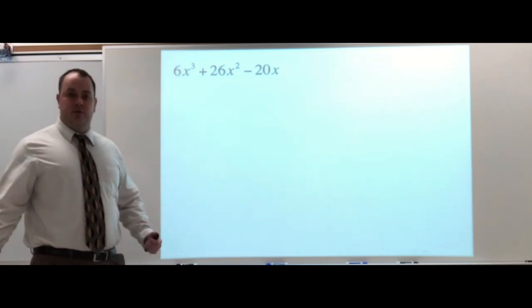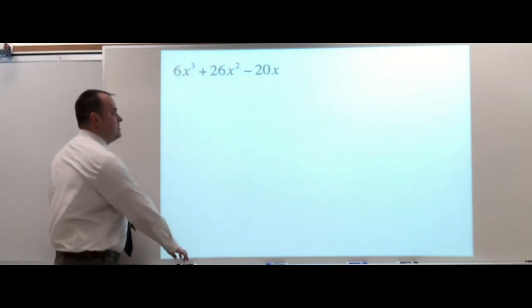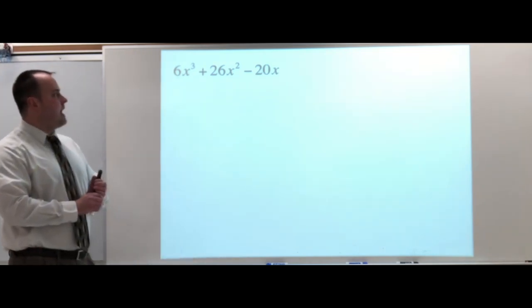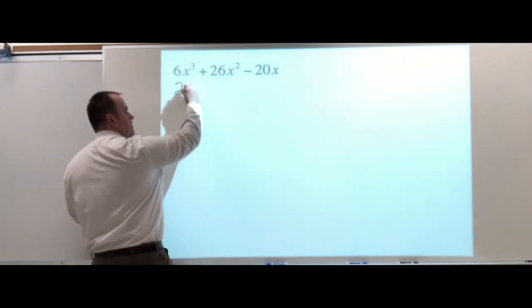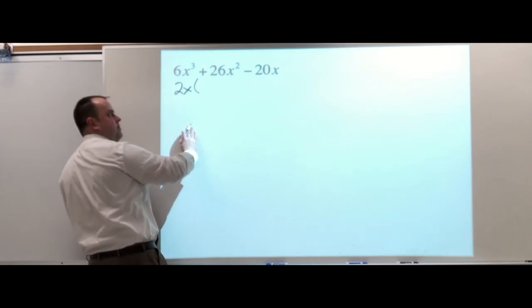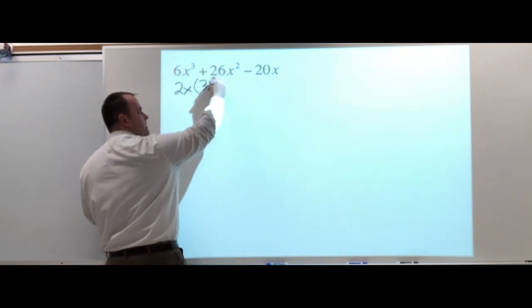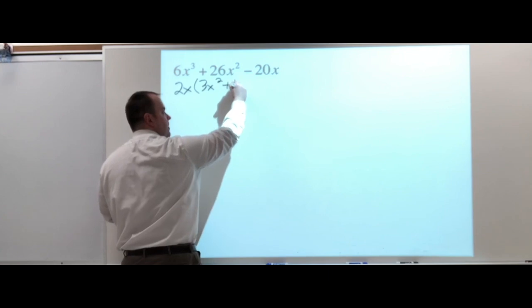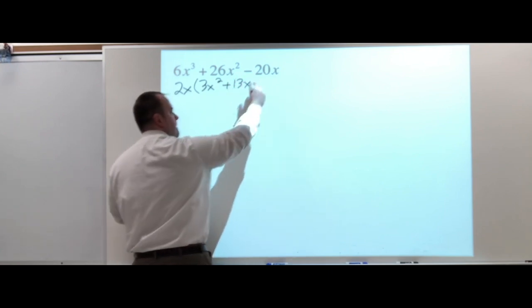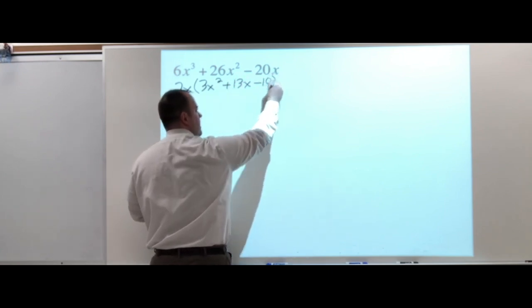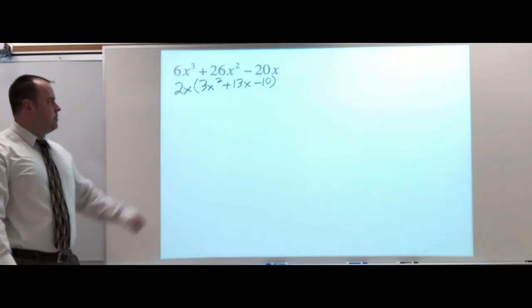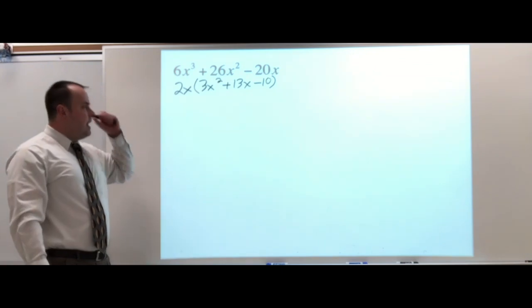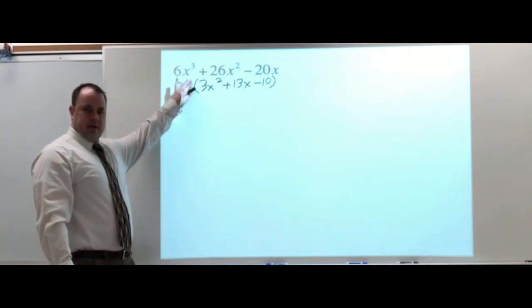First thing is look for a GCF. Looking at this, yes, there is a GCF. We can take out a 2x in this case. Taking out that 2x, we get 3x squared plus 13x minus 10. That looks like our distributive property. We took out a greatest common factor of 2x. You kind of need to forget about the 2x for a little bit.